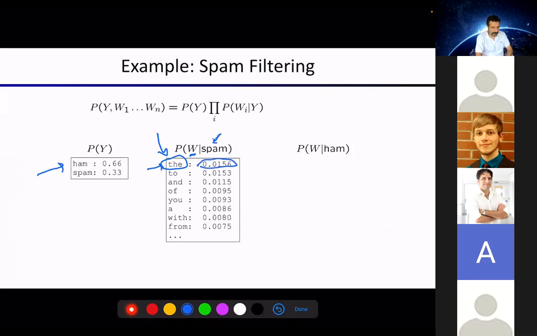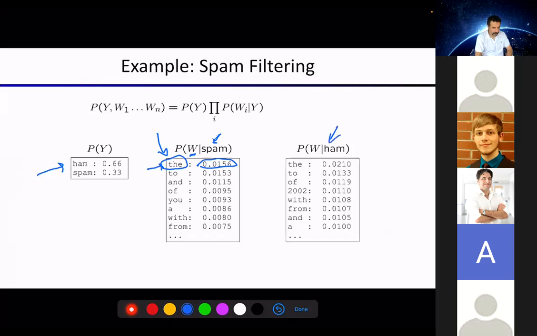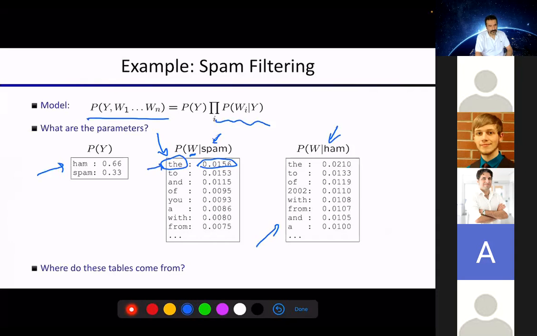And the same for ham. So you have these sort of tables. You need them to construct this joint probability distribution. And obviously these tables come from your data, right? So you have a corpus of data, and you can construct this conditional probability based on your data.